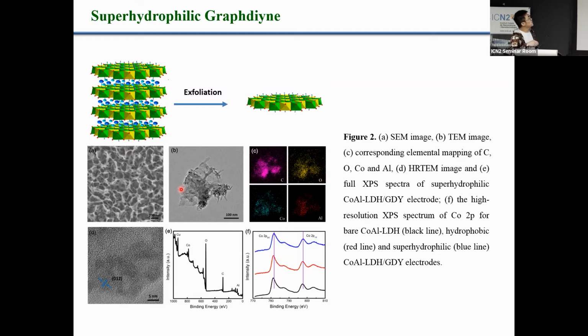You can see it was assembled successfully, and after the LDH was assembled on the superhydrophilic graphene, the cobalt binding energy shifted higher, which means there is a much stronger interaction between the LDH and the superhydrophilic graphene. So it is better for the following OER reaction.